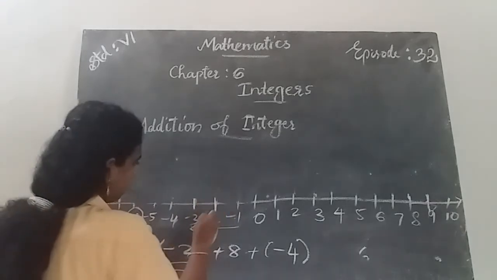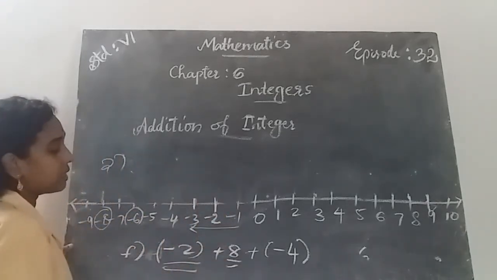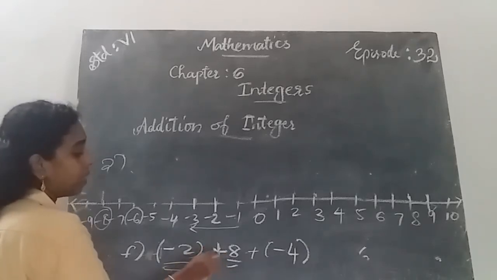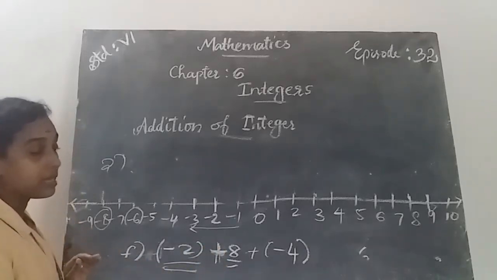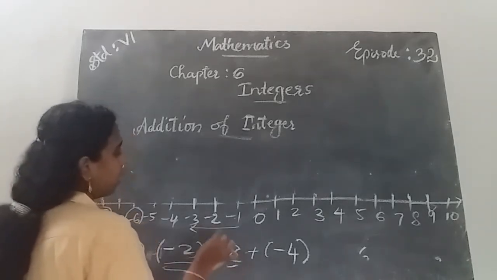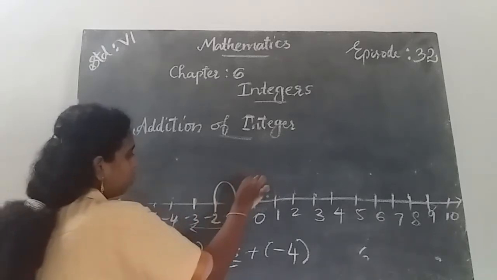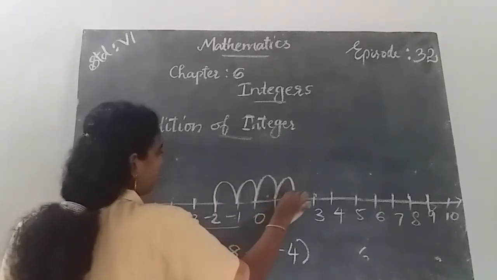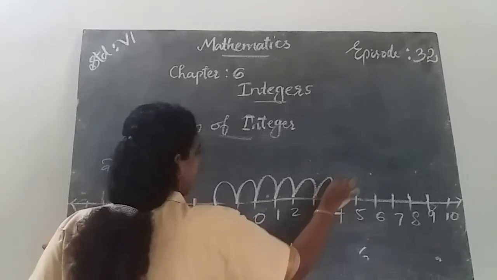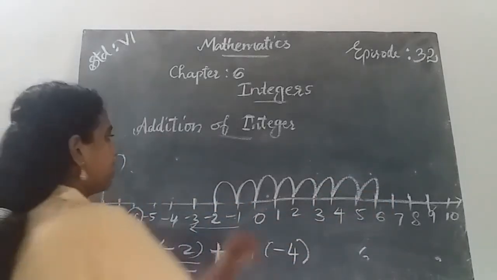Then first we move 8 steps to the right. Plus sign or positive sign represents the right direction. So we move 8 steps to the right from negative 2. 1, 2, 3, 4, 5, 6, 7, 8. Then we reach 6. Okay.